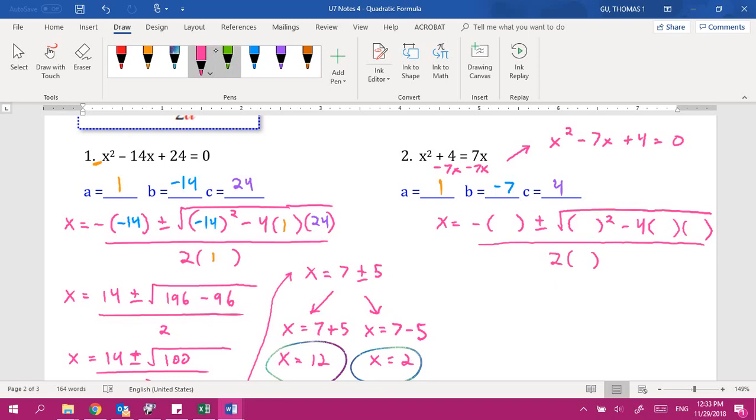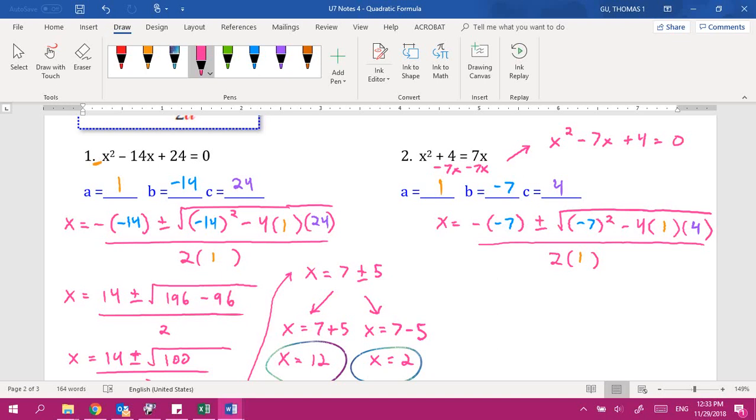All right, so we're going to fill in these parentheses then. What goes in the first set of parentheses on the top left? Negative 7. What goes into the next one? Again, what goes next to the 4? 1. And what goes after that? 4. And then finally on the bottom, what goes next to that 2? 1. There we go. So it's just substituting numbers in.